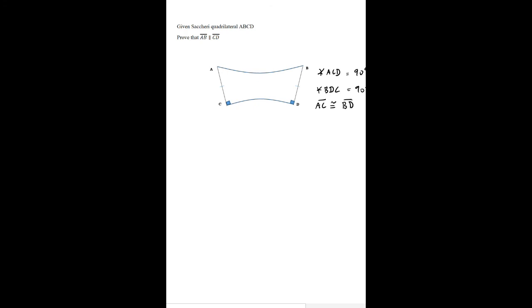Okay, so the first thing I'm going to do is create some extra information so that we can work this problem out. I'm going to create, with basic constructions, the midpoints for AB and CD.